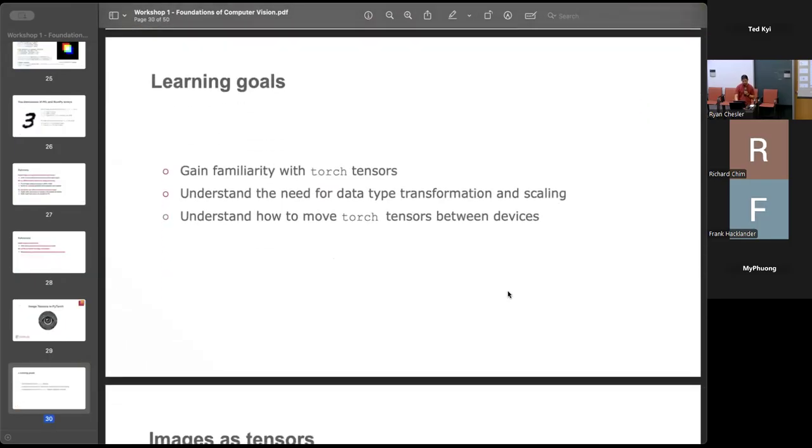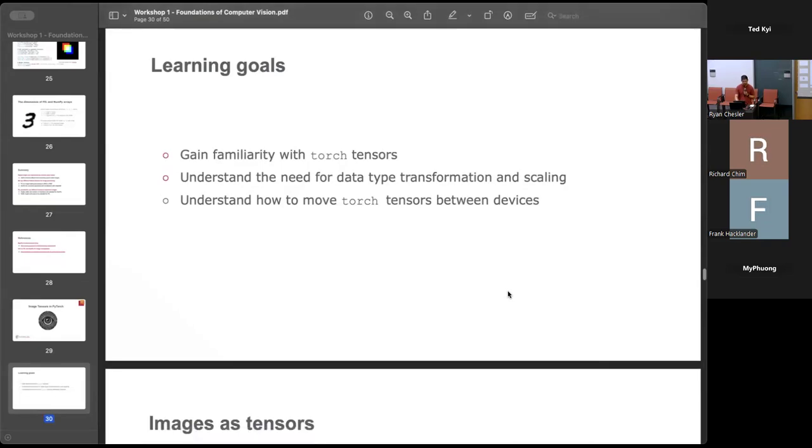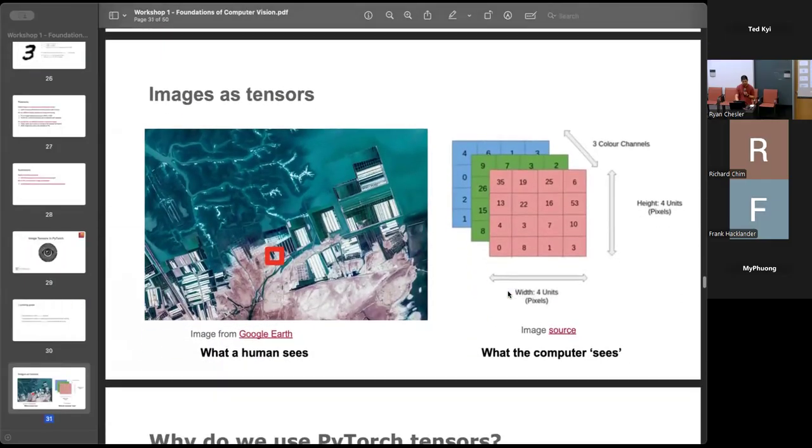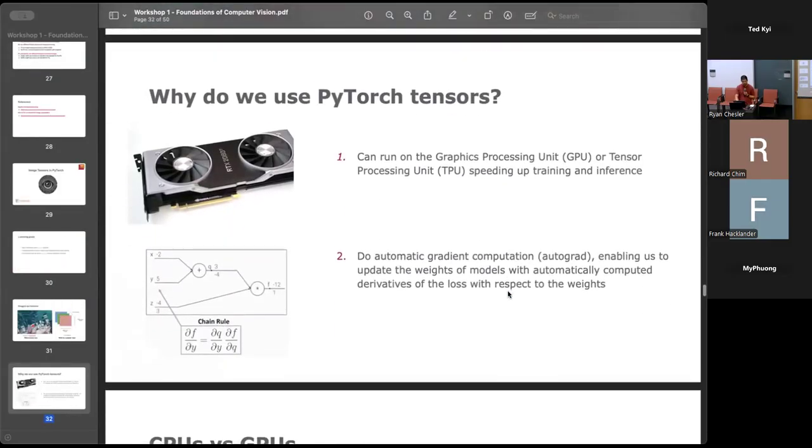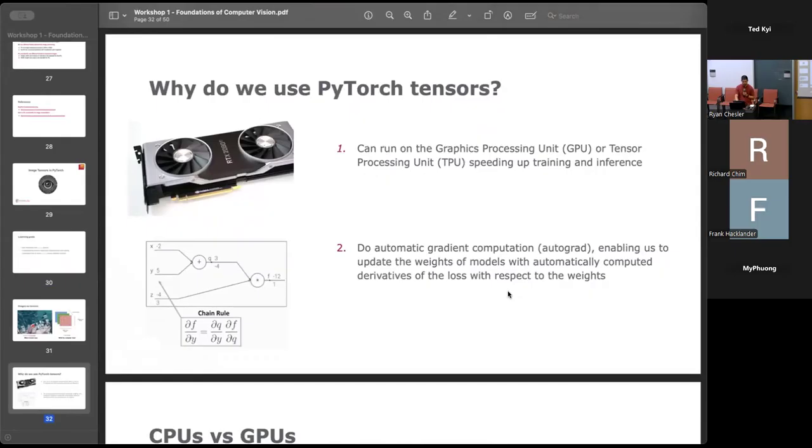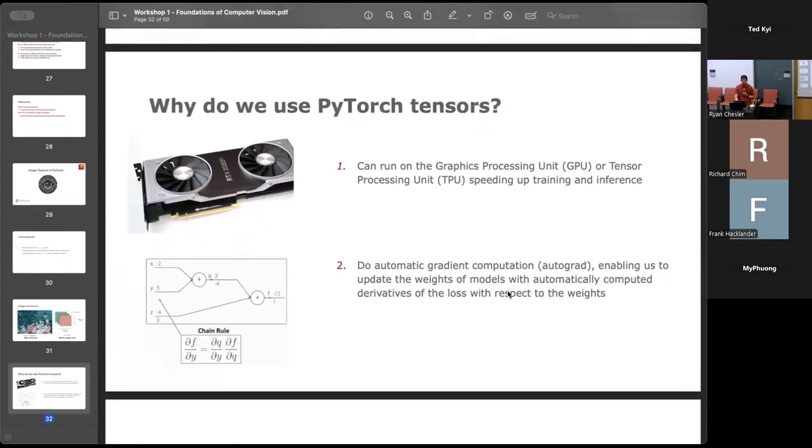So we did NumPy, we did PIL. Now going on to PyTorch. This is very, very similar to NumPy, but the major benefit is that all of these storage operations and all of the math, you can do on GPUs or TPUs.